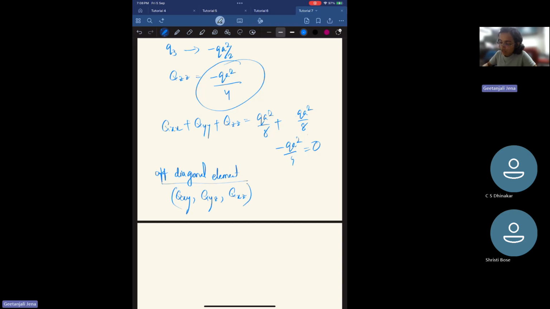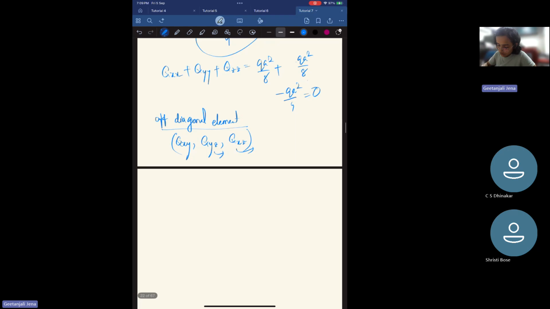Only these three you need to calculate, and the other elements are easy to find because this is a symmetric tensor. So Qxy will be Qyx, then from here we can equate Qzy, and from here we can equate Qzx. So first let us see Qxy.